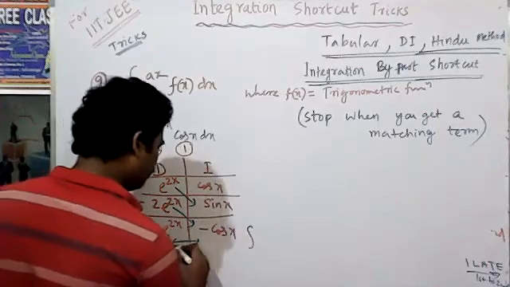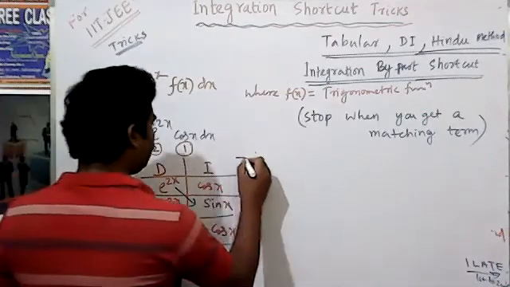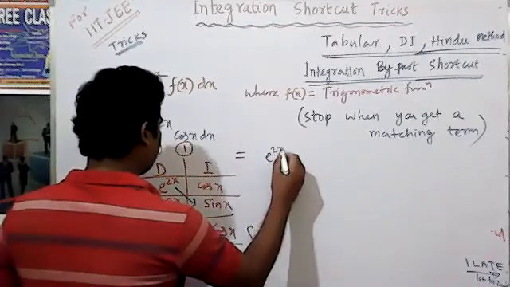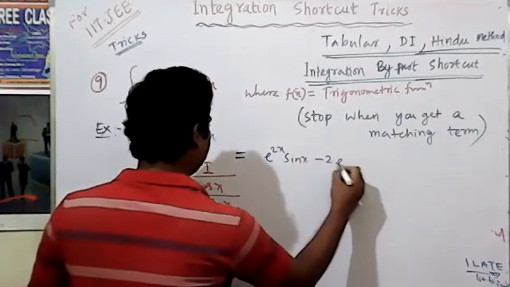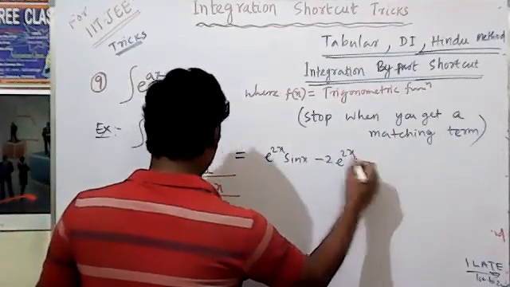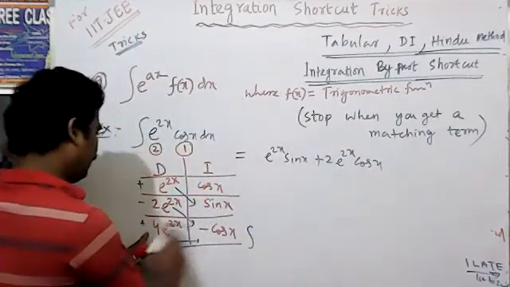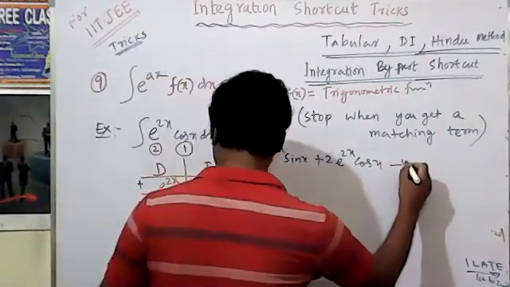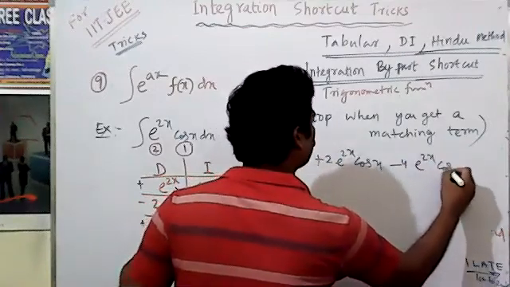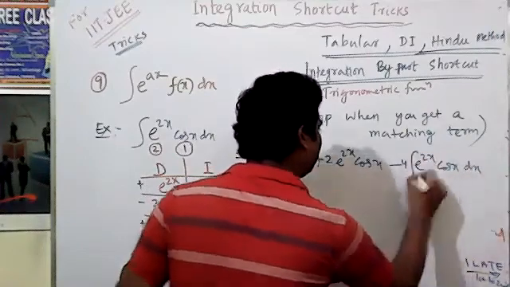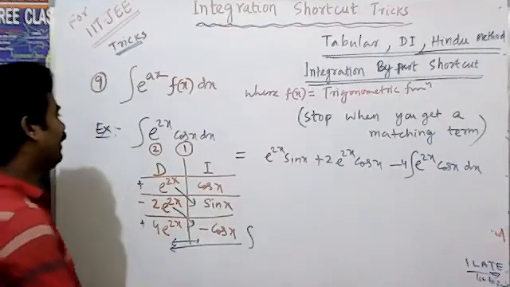Means here the value is e to the power 2x sin x minus 2 e to the power 2x, minus plus cos x, then here minus 4 times the integration of e to the power 2x cos x dx. ओके, cos x dx का इंटीग्रेशन.